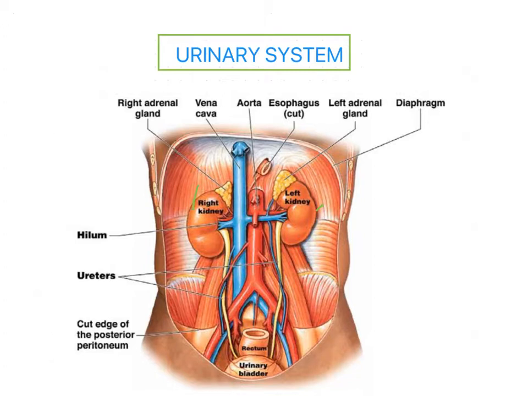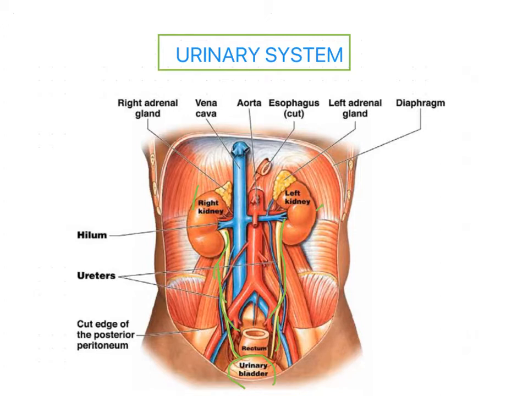From the kidneys a pair of ureters are present, which also lie on the posterior abdominal wall, and these ureters open into the urinary bladder, which is present in the anterior pelvic cavity. This is the urinary bladder, located in the anterior pelvic cavity.